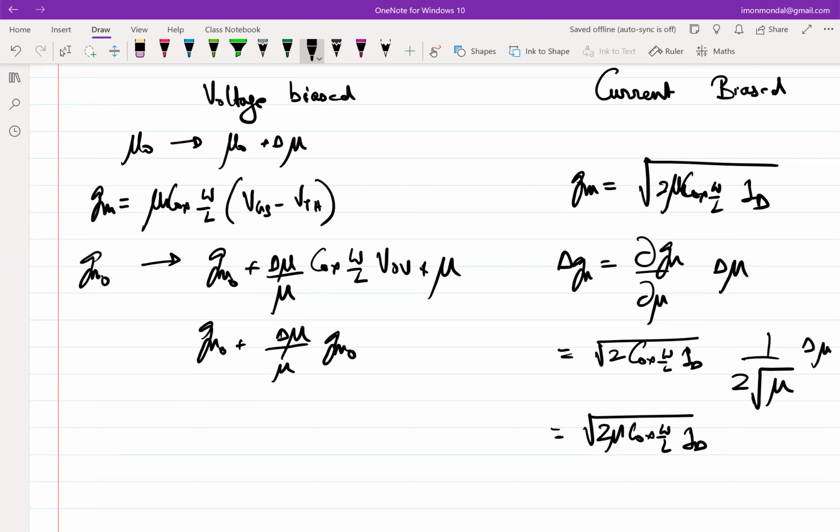I multiplied with root mu and I'll divide by root mu. So this becomes delta mu by 2 mu. So this becomes GM naught times delta mu by 2 mu.